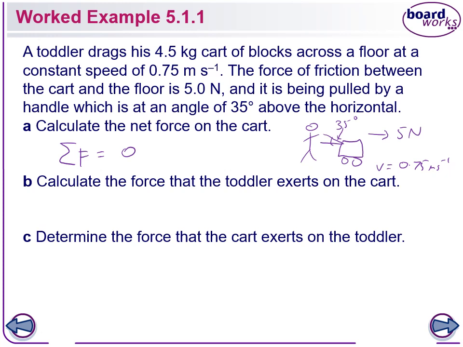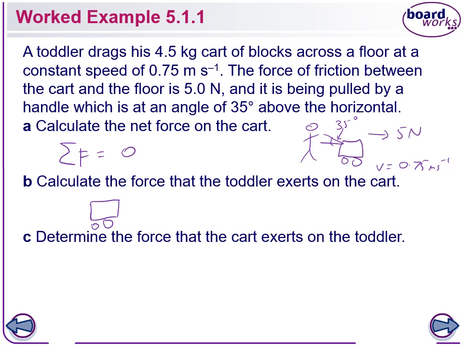Next. Calculate the force that the toddler exerts on the cart. So we know that the net force is 0. All of our forces added together are 0. But if the toddler is just standing and not exerting a force on the cart, it's not going to move. So the toddler must be exerting a force on the cart, and we need to work out what that is. If we just look at the horizontal forces acting on our cart, there's our cart.